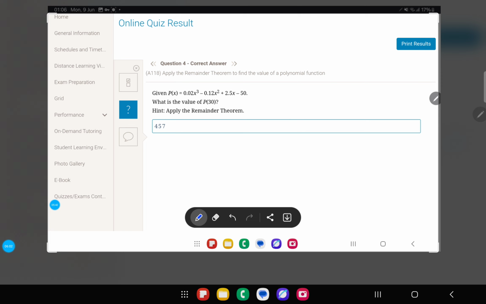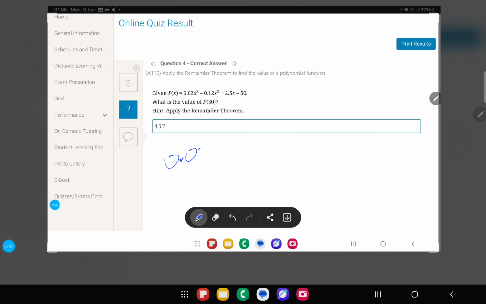So do 0.02 times 30 cubed minus 0.12 times 30 squared plus 2.5 times 30 minus 50.